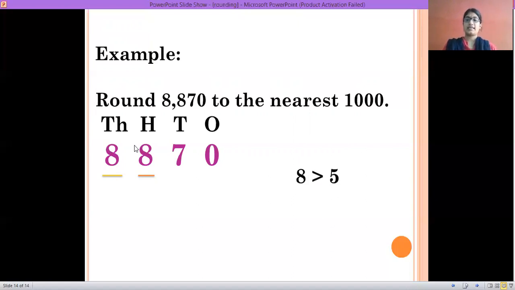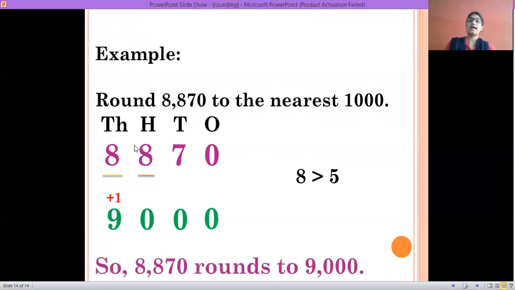Yes children? Yes. So when the digit to the right hand side of our rounding digit is greater than 5, we'll add 1 to our rounding digit. And what will we do to the digits to the right hand side of our rounding digit? We'll replace them with zeros. So here the answer for 8,870 rounding to the nearest 1,000 is 9,000.